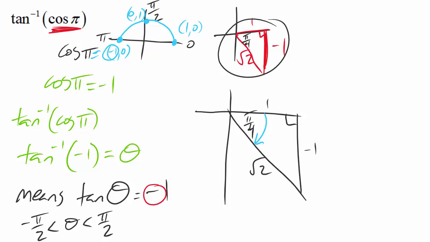Now, because we want to be between negative pi over 2 and pi over 2, we're going to go clockwise to get our angle measure, which means this is in fact going to be a negative angle, and since we already know the reference angle, that tells us that our angle in question is negative pi over 4. So for the inverse tangent of the cosine of pi, our answer here is negative pi over 4.